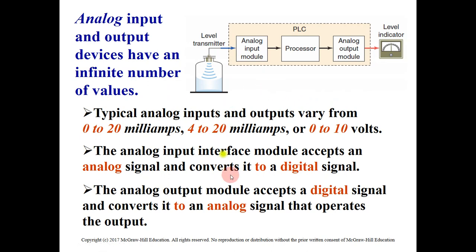So the analog output module accepts a digital signal from the controller, then converts it into analog to be sent to the analog device. We can see here the output device is analog and the input device is analog. For that, we have to use analog input modules and analog output modules.